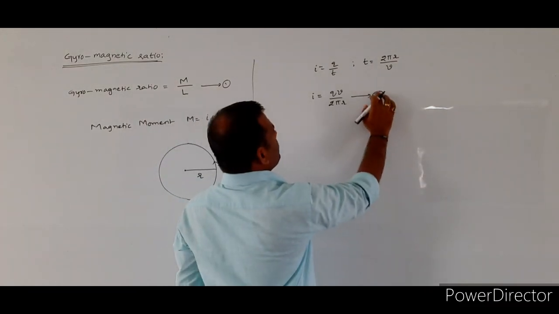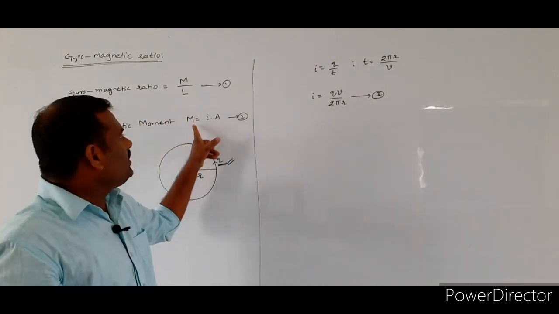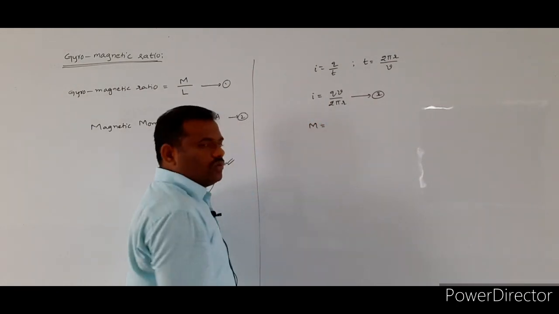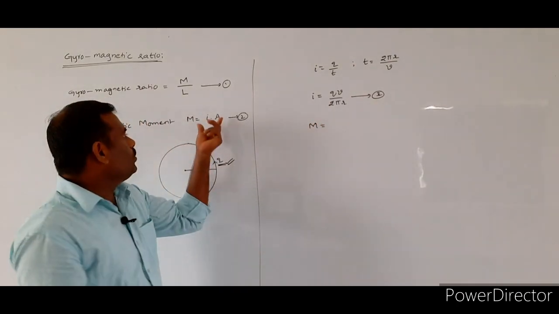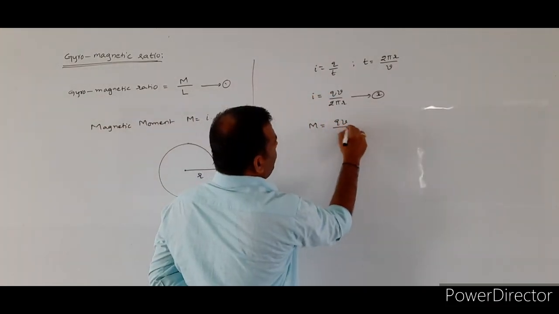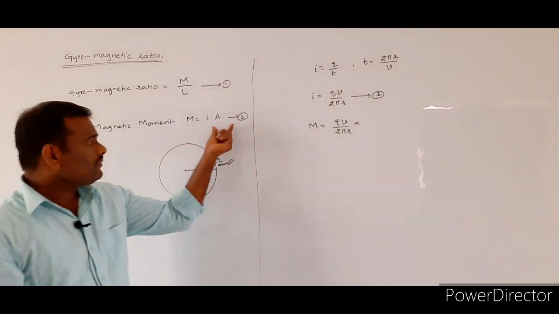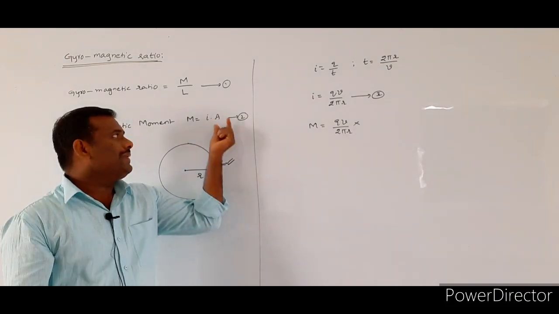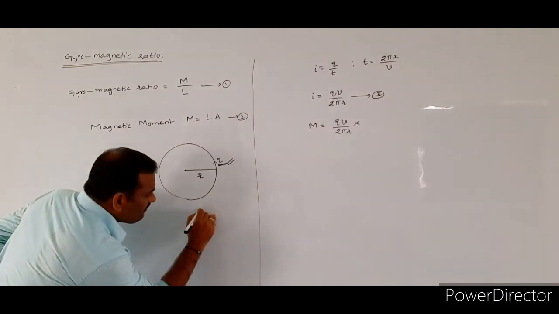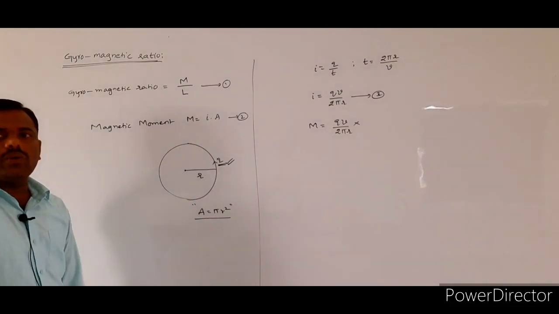Let it be equation number 3. Now substitute equation number 3 in equation number 2. The magnetic momentum capital M is equal to I into A. The I value is QV by 2 pi r. Capital A is the area of the circular loop, so A is equal to pi r square.